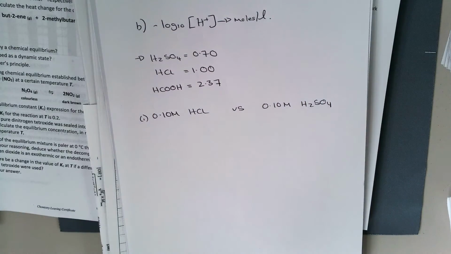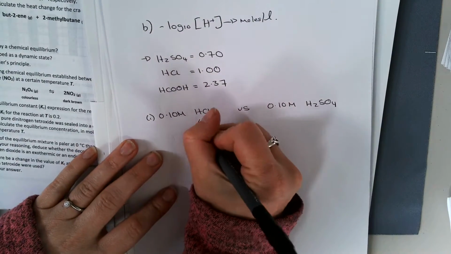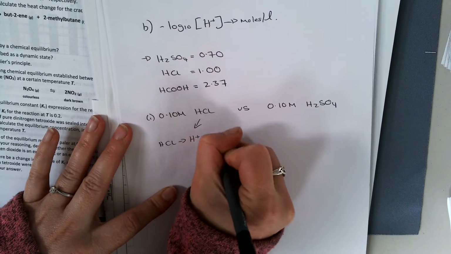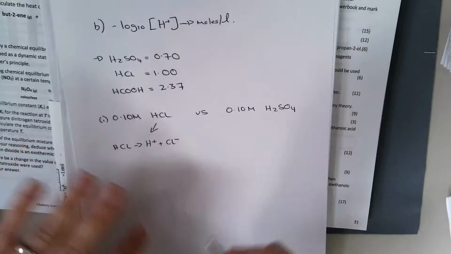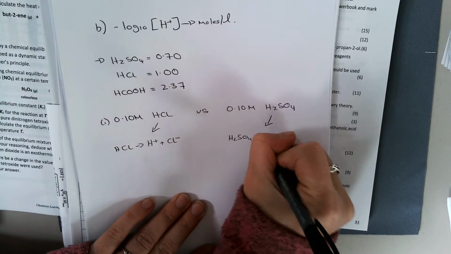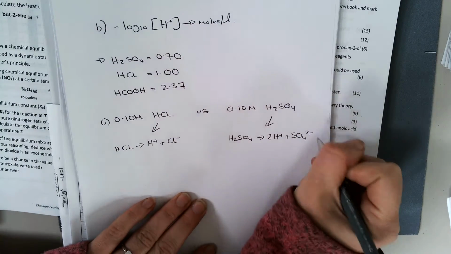The first thing I'm going to have a look at is my HCl, and that HCl splits into H+ plus Cl-. However, if I look at H2SO4, that's going to split into 2H+ plus SO4 2-.